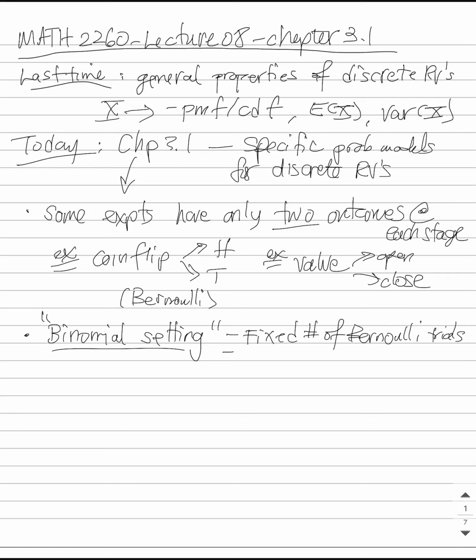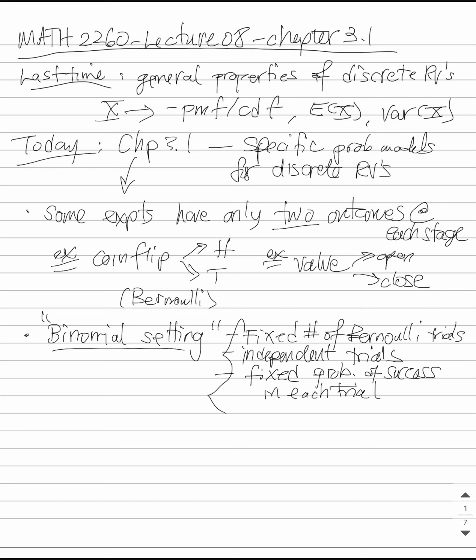These trials are independent of each other. Mathematically, with independent events like this, there's no influence on the probability. And that means we have to have a fixed probability of success in each trial. If we have all of these things, then we have an experiment in the binomial setting.